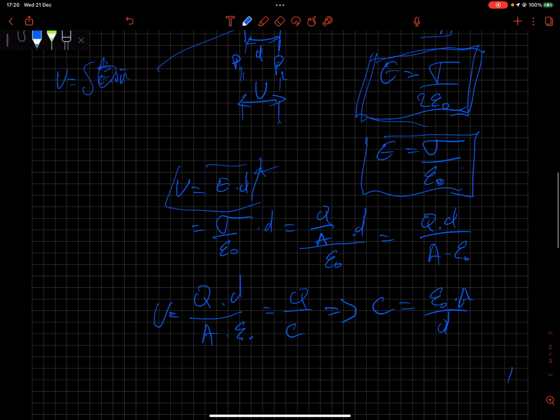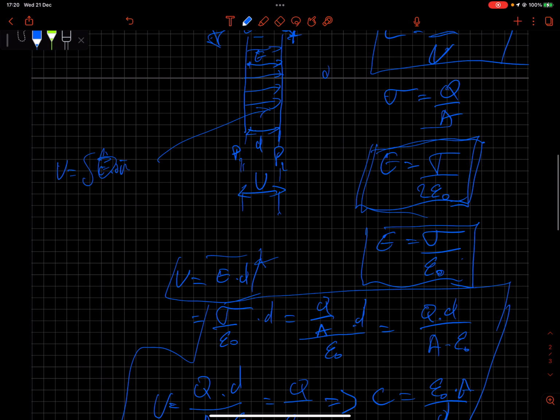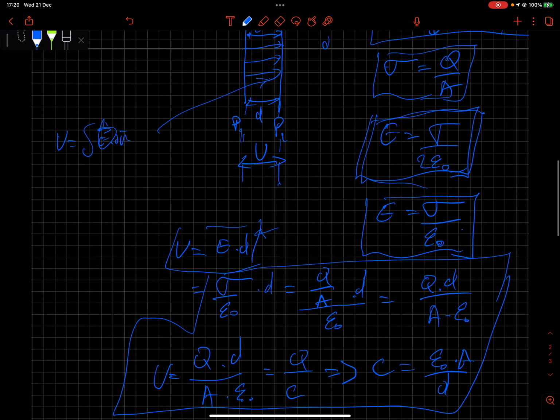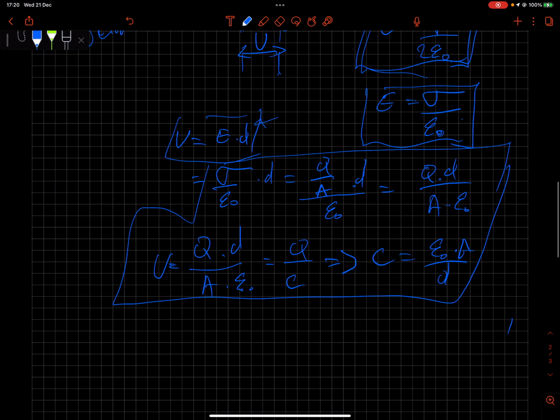And now what I did here is I just replaced this expression for the surface density of electric charge. This is quite trivial, and at the end you will get this formula here.